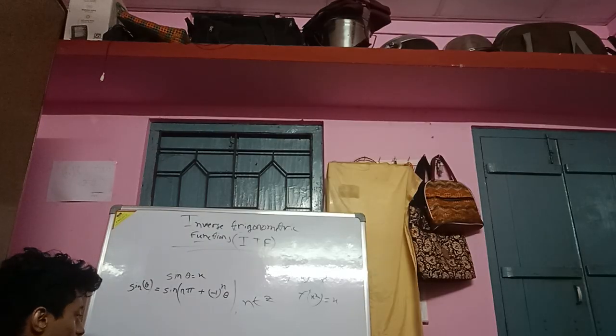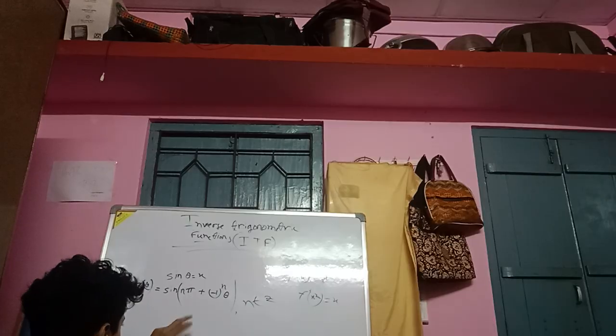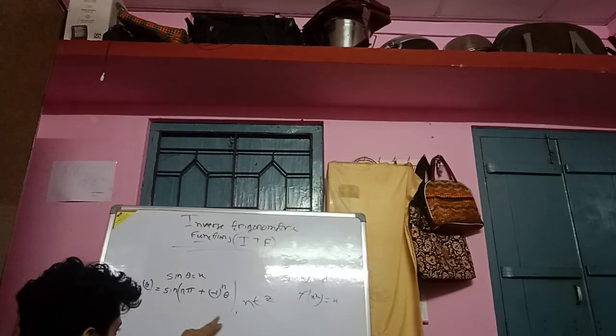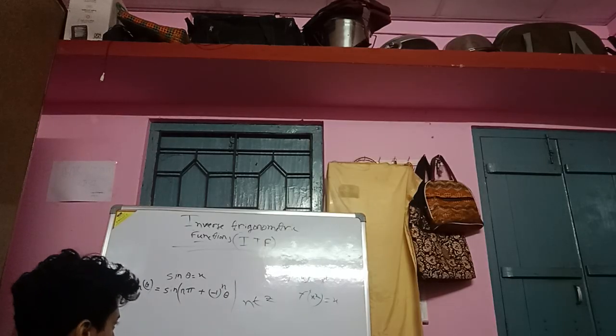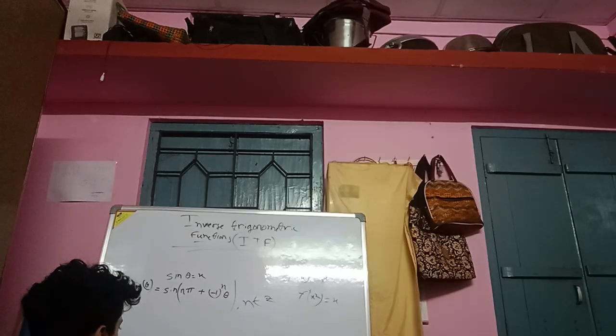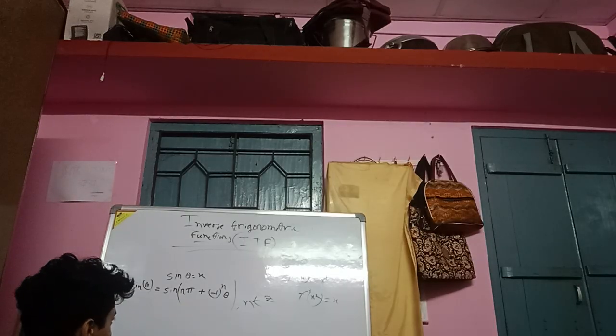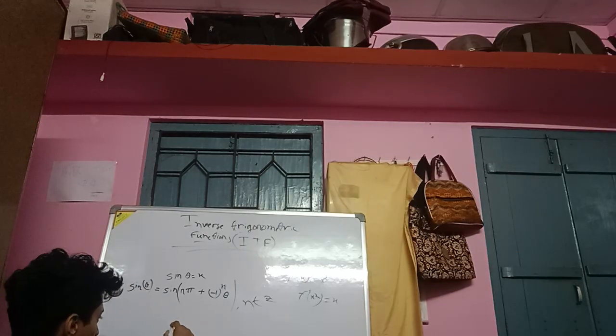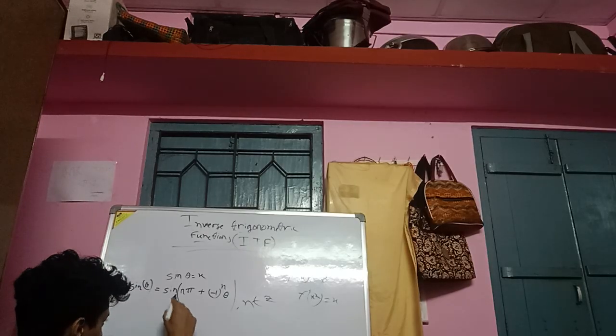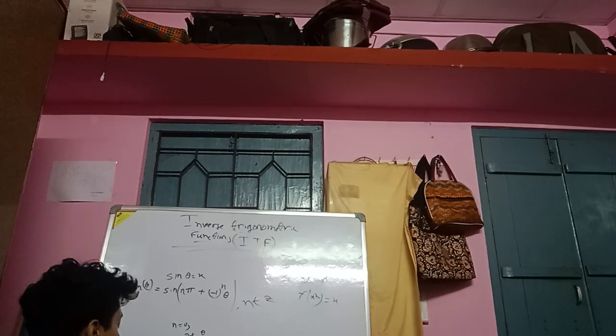Now we can go on and give any kind of integer as input. For example, if n is 0, this term would become 0 plus minus 1 to the 0 is 1 times theta. That will be just theta.